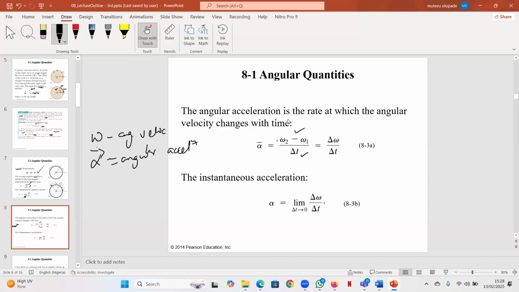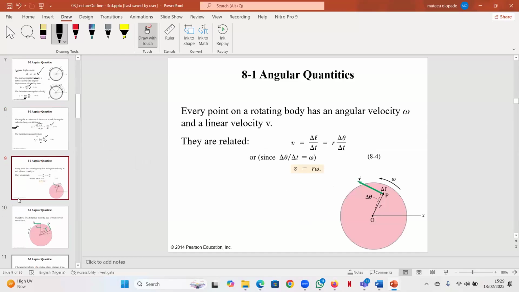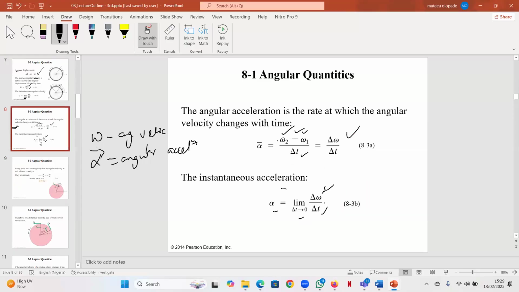And since change in angular velocity is given as omega, this is the final velocity, this is the initial. So we can get that from here. Now the instantaneous acceleration will be given as the limit of this change in velocity divided by the time. Any question with respect to this? No, sir. Okay, thank you.